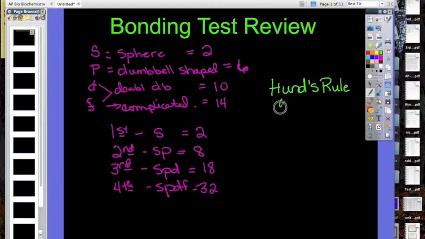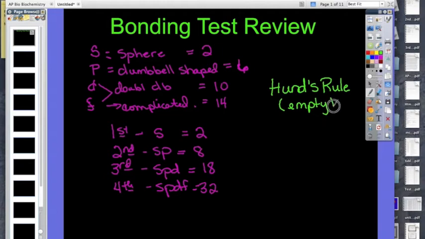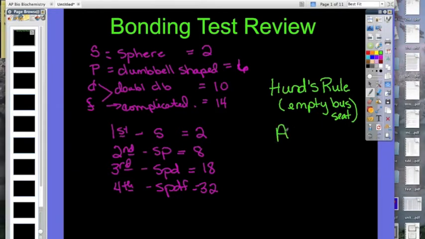I called that the empty bus seat rule. And then you have the principle that's the order of lowest energy. That's called the Aufbau principle.